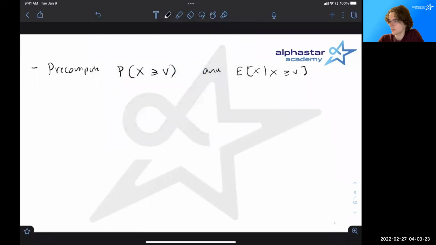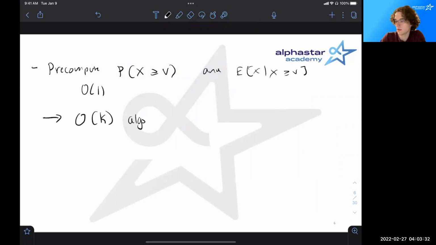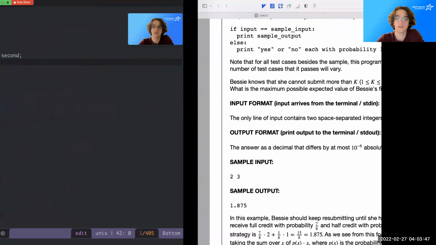So we can pre-compute this and answer these in O of 1. The issue is this would give us an O of K algorithm, or O of K plus T because of the pre-computation, but T is much smaller. This is too slow, it's K. Otherwise, we're going to 10 to the 9. So we're going to try something else.